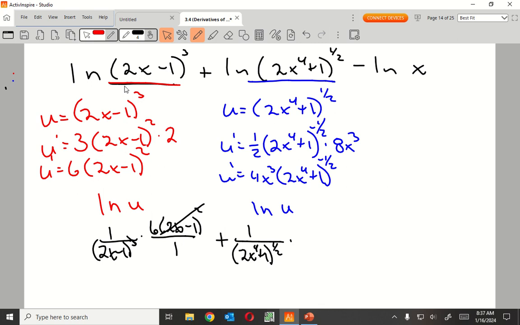Does it need to go to the bottom? Say yes. It's going to go to the bottom because it's going to make that exponent positive. So now I'm going to be left with 4x cubed over my 2x to the fourth plus 1 to the positive 1/2.